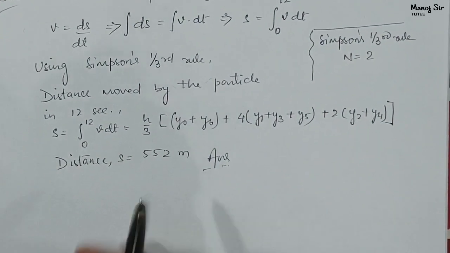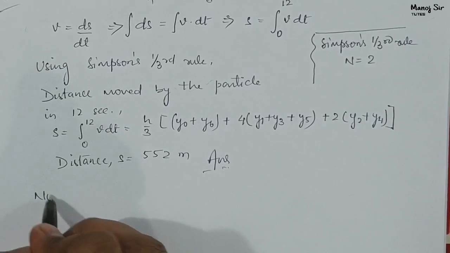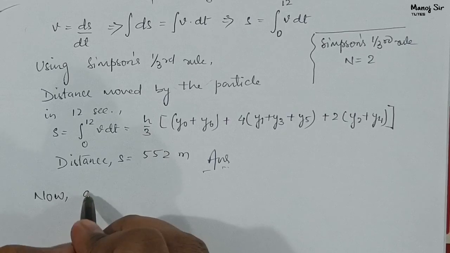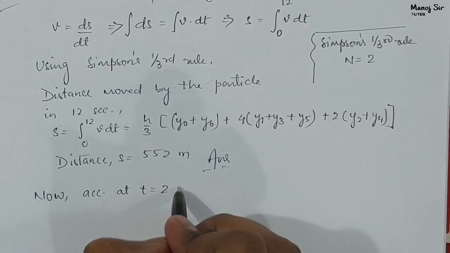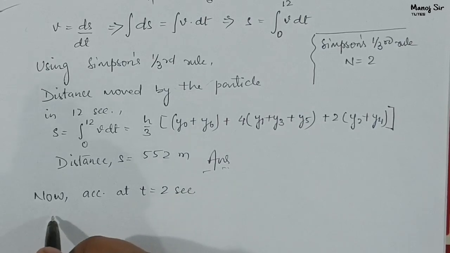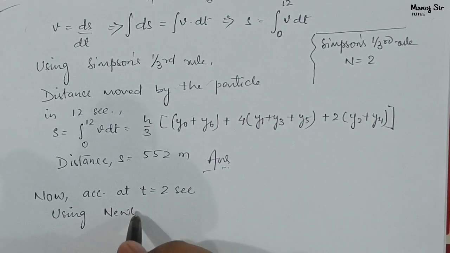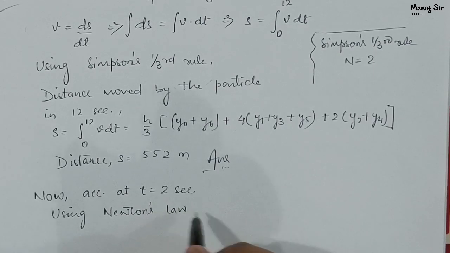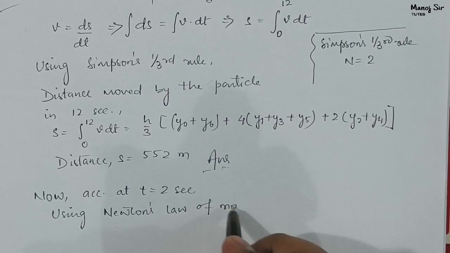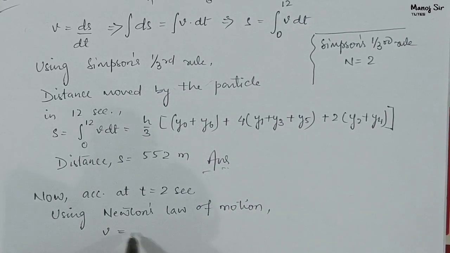So here we can write, now acceleration at t equals 2 seconds using Newton's law of motion, that is v equals u plus a t.